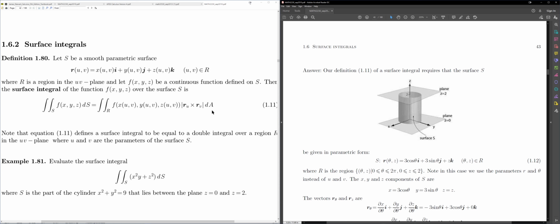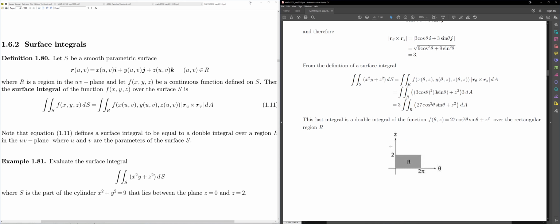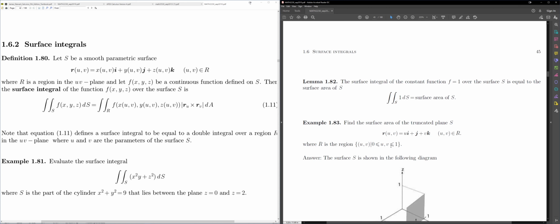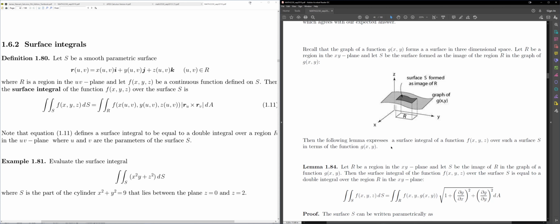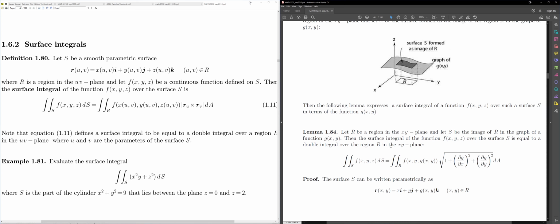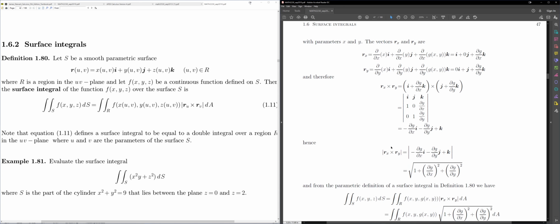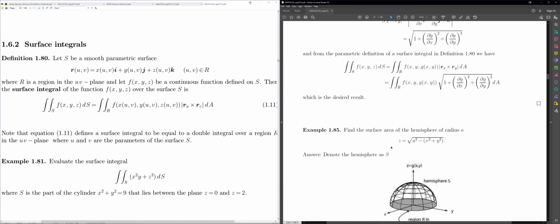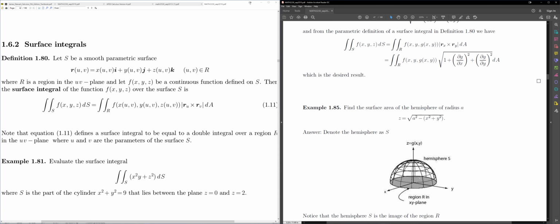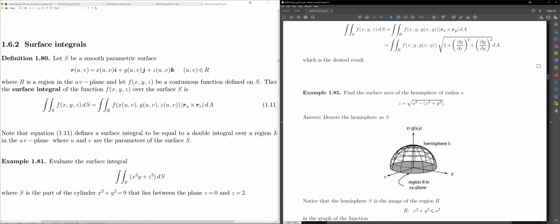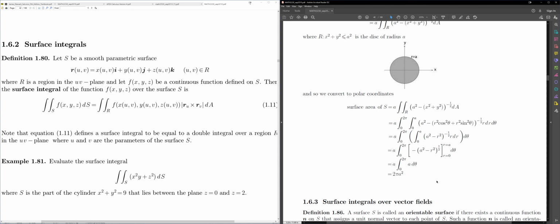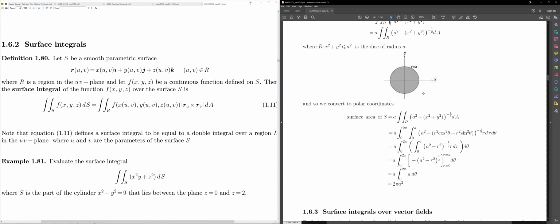We're going to do it using a parametric description, and then later on you could work it out in a certain special case where your surface S can be projected down to give you a well-defined region in the xy plane. For example, this hemisphere, when I project it down into the xy plane, I will get a disk, right?